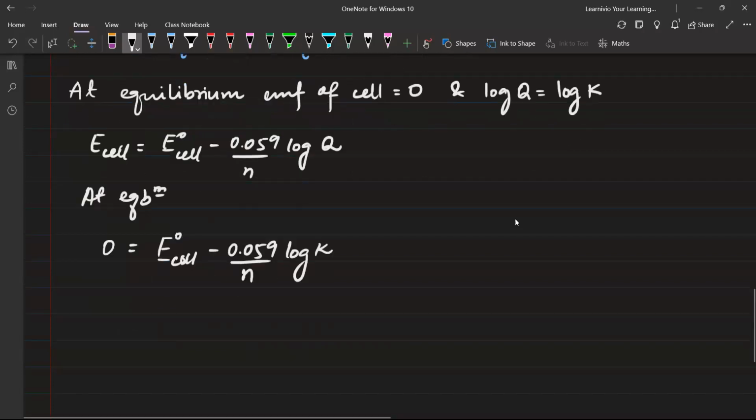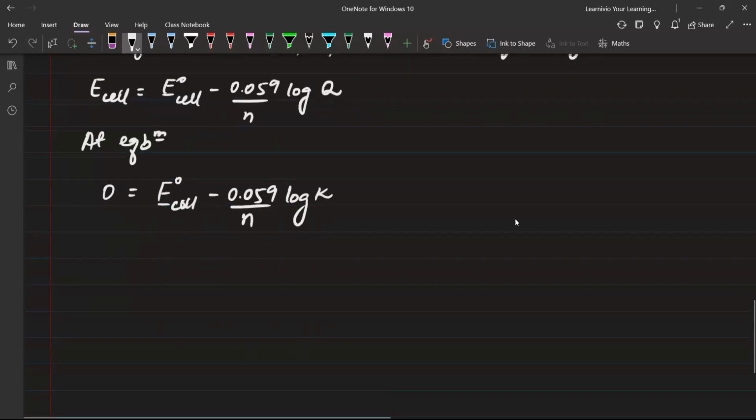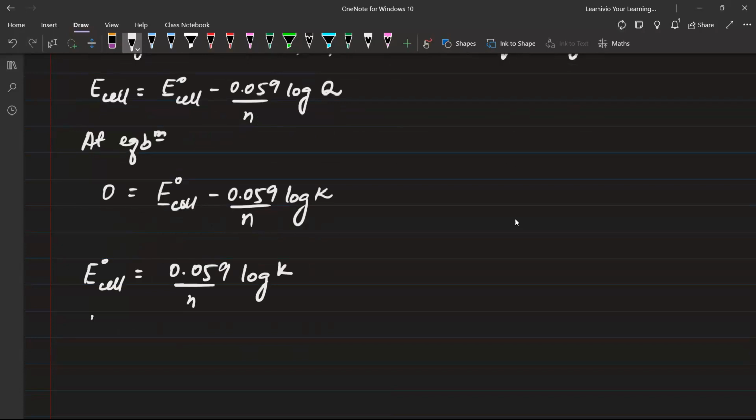So I can write E naught cell is equal to 0.059 upon n into log K. And we can say that log K will be equal to n into E naught cell upon 0.059.